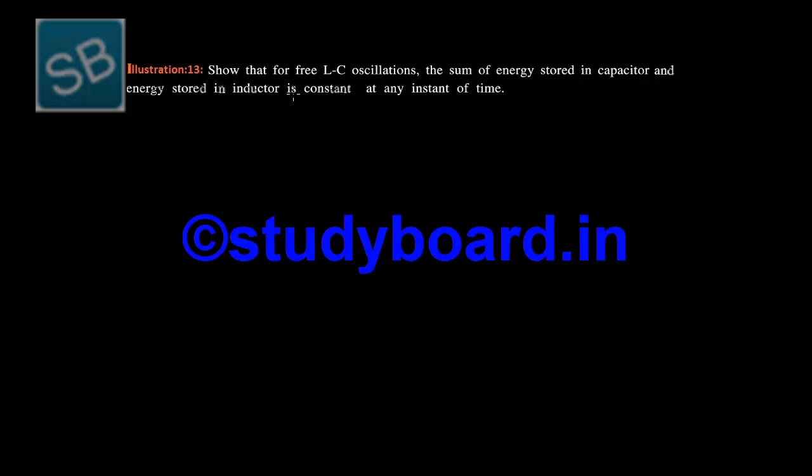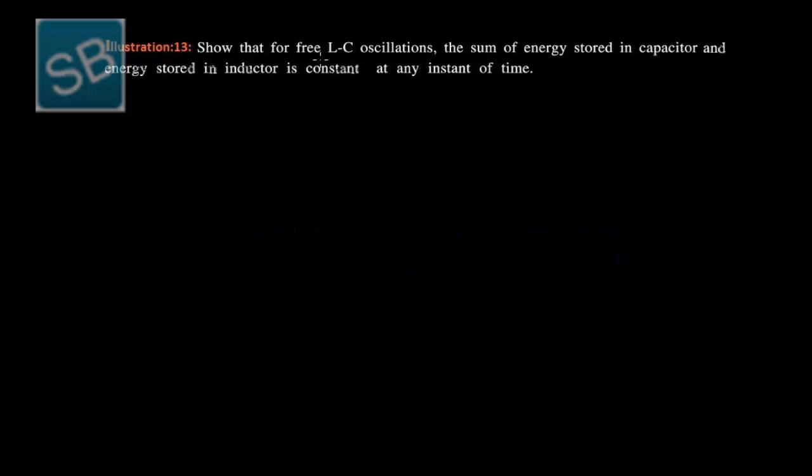Let's start illustration number 13, in which we have to prove that for free LC oscillations, the sum of energy stored in the capacitor and the energy stored in the inductor has a constant value at any time. So first of all, I start my analysis at time t equal to 0.